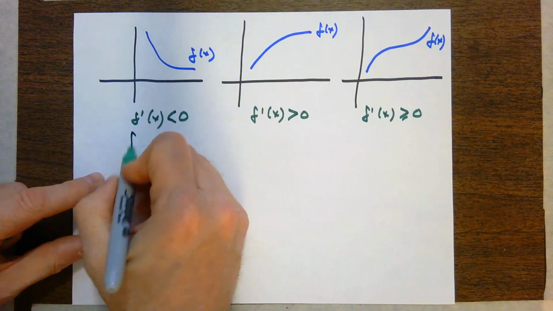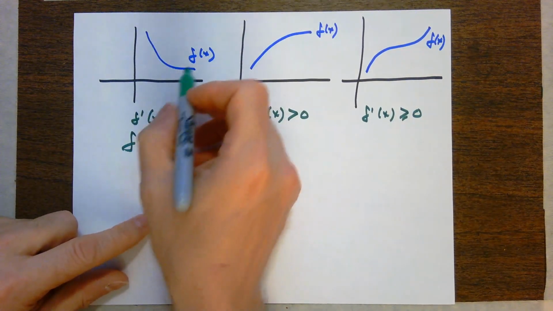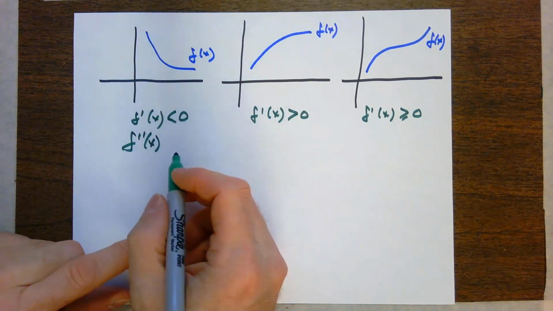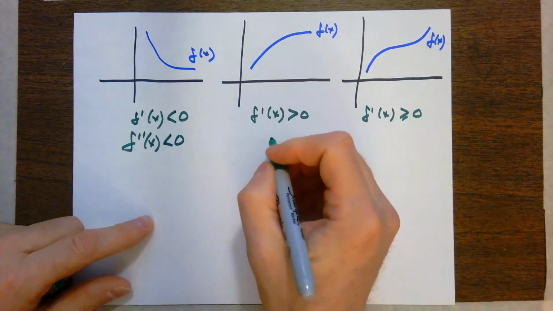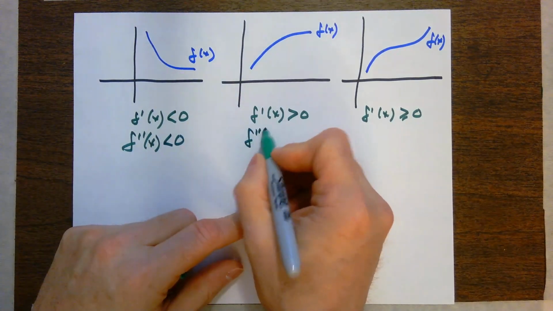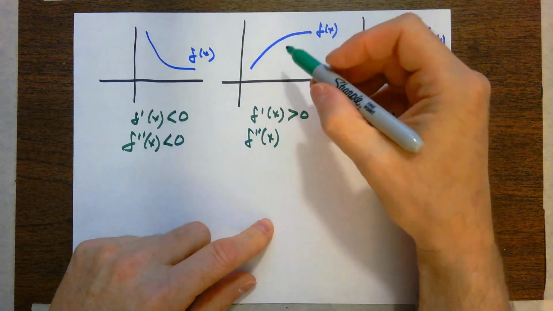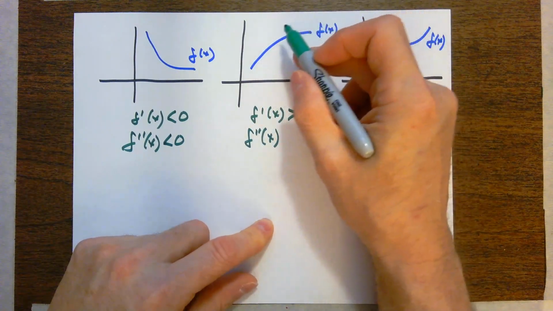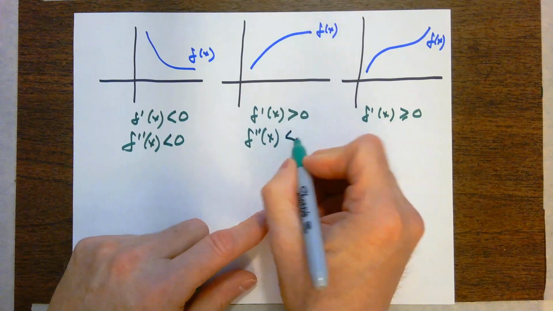What about the second derivative? Well, the second derivative, all of the tangent lines are below, so it's concave up, which means the second derivative would be less than 0. How about here? Well, here, all of the tangent lines are above, so this would be concave down. The second derivative would be less than 0.